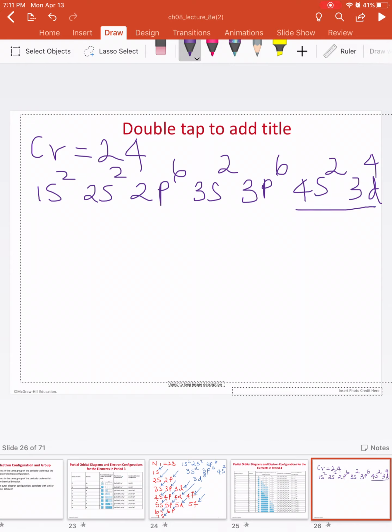Valence means the outermost electrons that come after the argon electron configuration. And up to 3p6 is the argon configuration, which is 18 electrons. Okay, so you have 4s2. So this is your s orbital. You have 2 electrons in the s level. And then you have d.